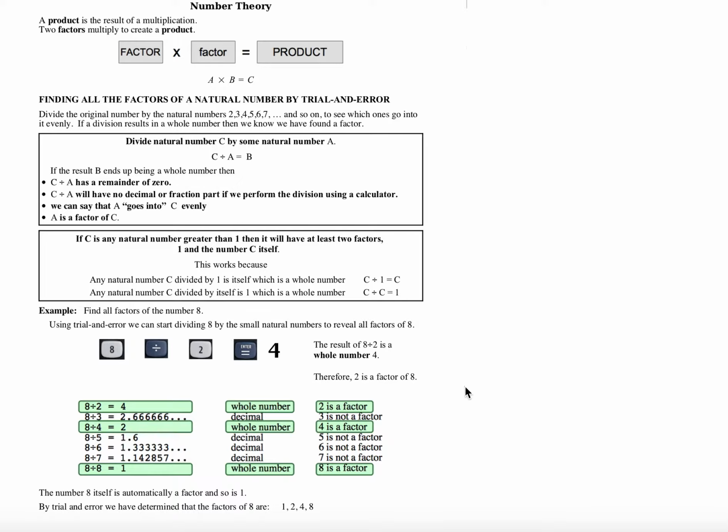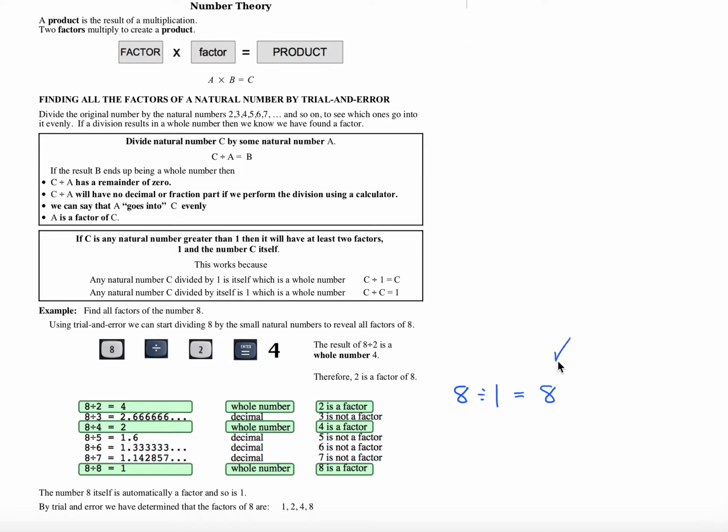All it requires is just punching into the calculator 8 divided by some small natural numbers such as, let's start with 1. Punch that into your calculator and on my screen 8 divided by 1 will give me just 8.